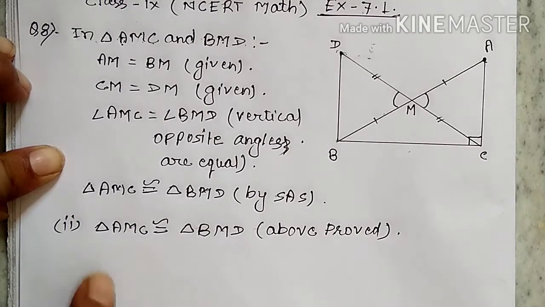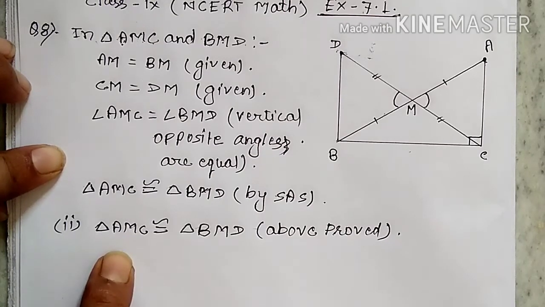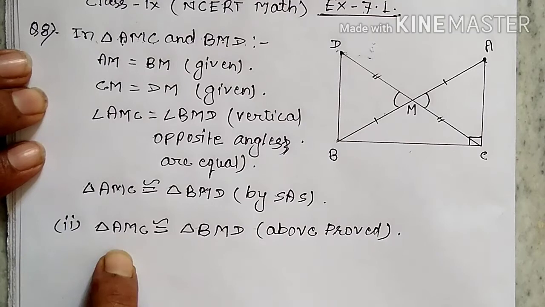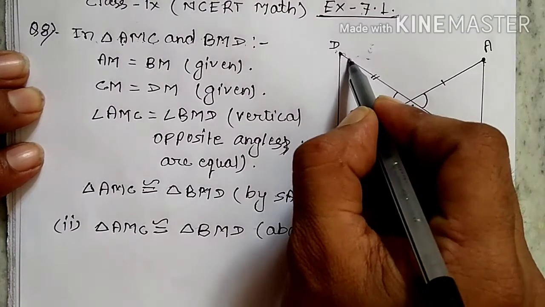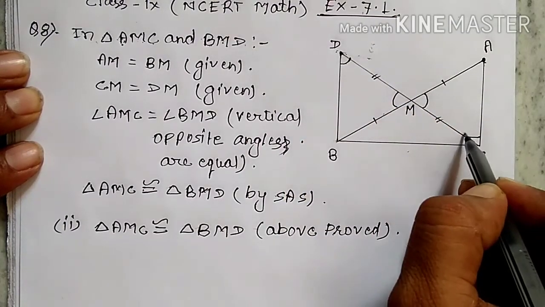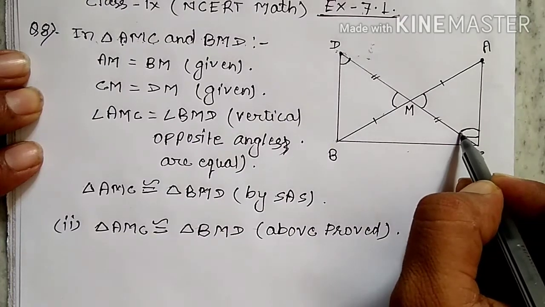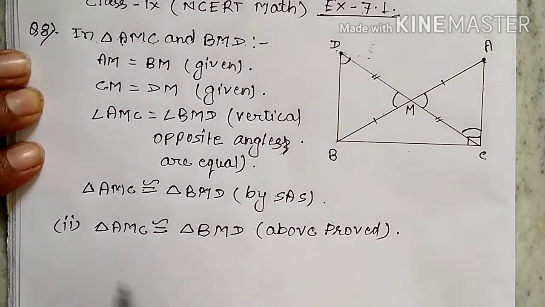So corresponding parts of congruent triangles are equal. It means this angle is equal to this angle. This is the corresponding part of the congruent triangle.